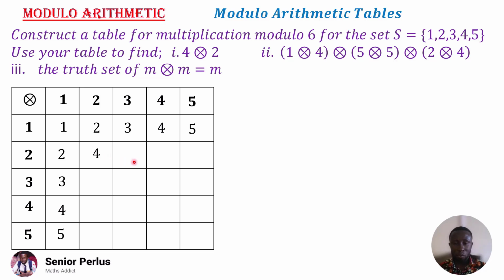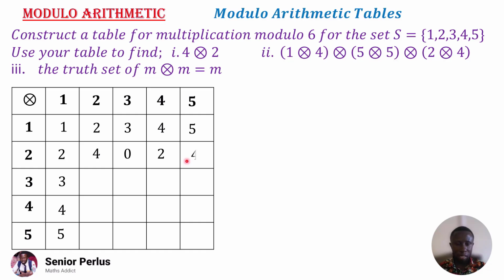2 times 3 is 6. 6 mod 6 is 0. So if I subtract 6 from 6, it is 0 if I use the repeated subtraction formula. 2 times 4 is 8. So 6 from 8, that's 2 because it's mod 6. 2 times 5 is 10, mod 6.